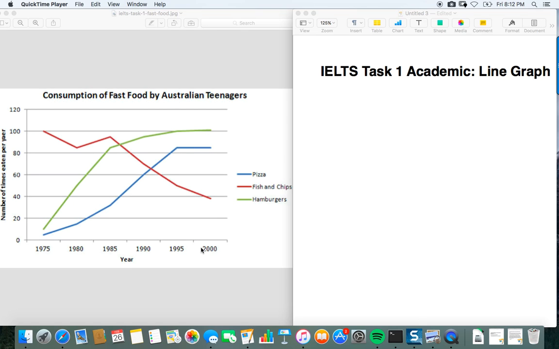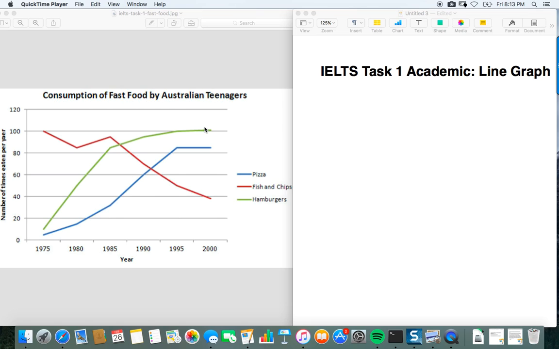So let's take a look. The first thing you probably noticed was that at the beginning, fish and chips was the most popular, while pizza and hamburgers were not very popular. And of course, by the end of the period, 2000, some 25 years later, you've got fish and chips being much less popular and burgers and pizza up here being more popular.